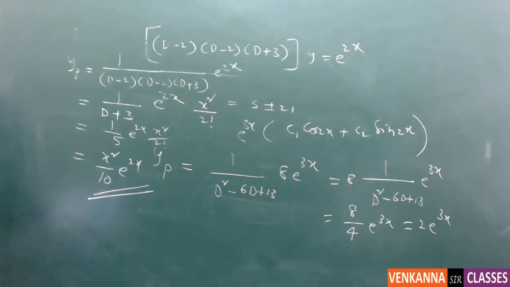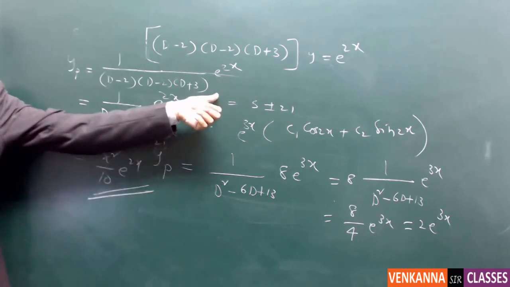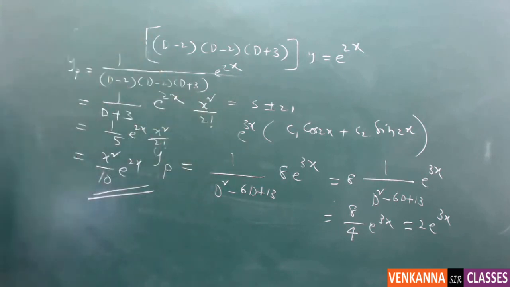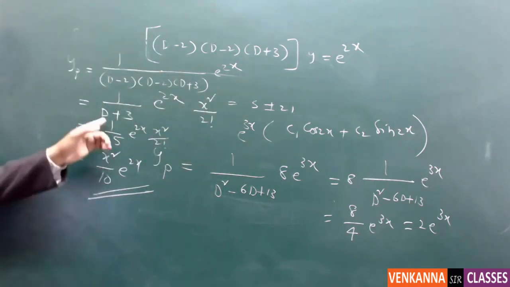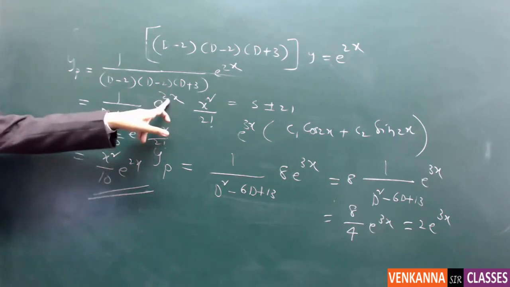Since you are neglecting two factors, we say that x square by 2 factorial. If you neglected k factors, x power k by k factorial. So for the remaining part, in place of d, you simply substitute the power 2.